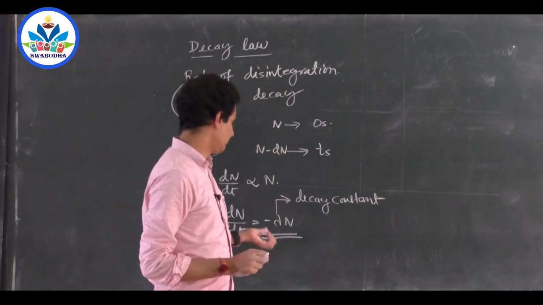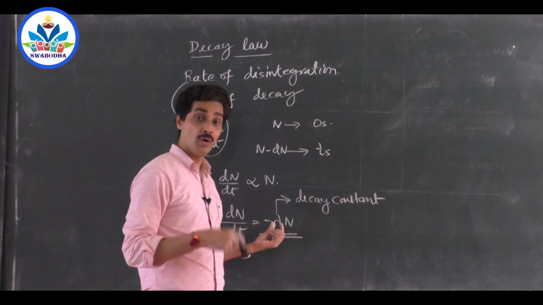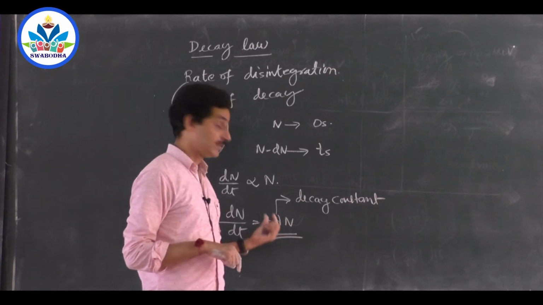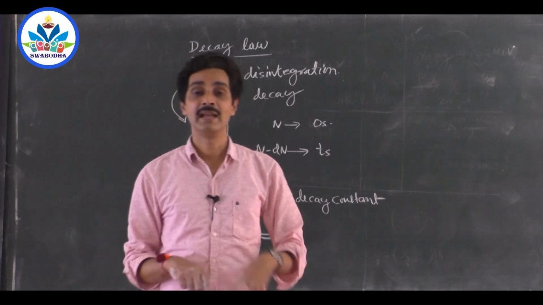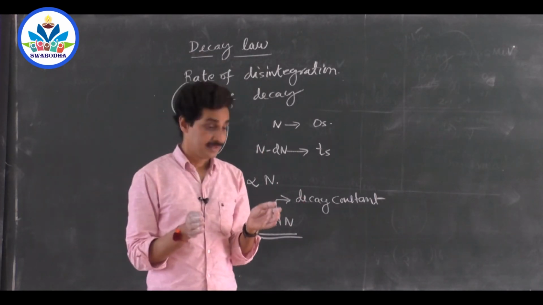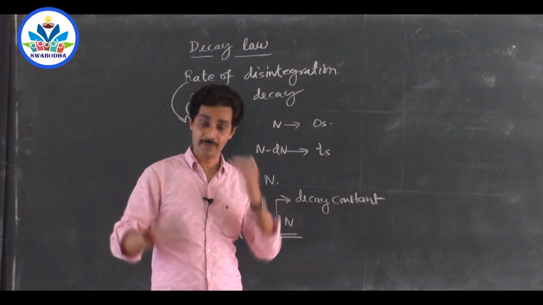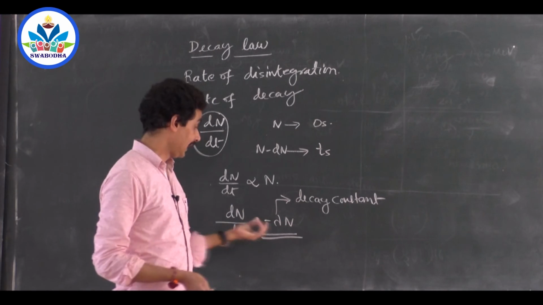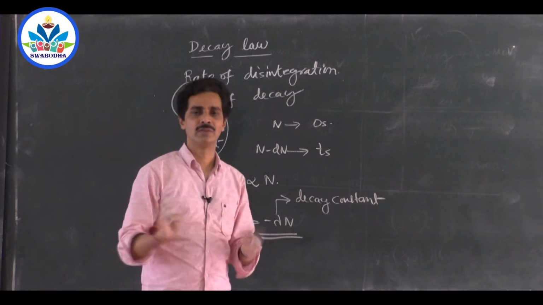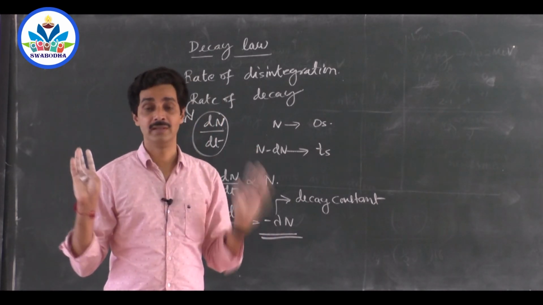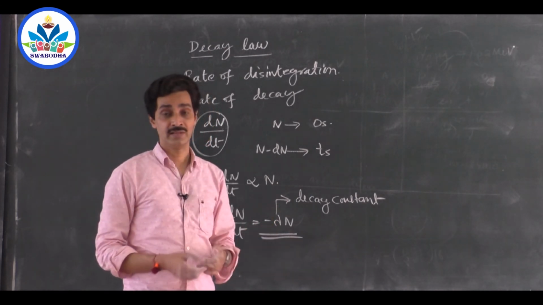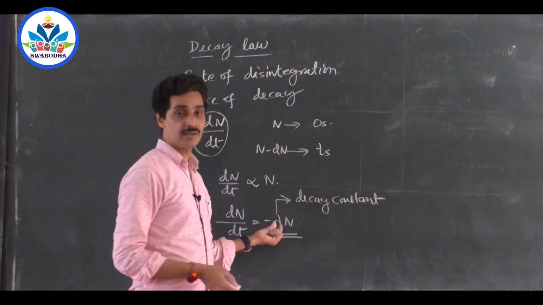If the decay constant is less, it decays much slower. If the material decays very fast, that means it gets converted into daughter nuclei very fast, then lambda is very high. If lambda is very low, the decay constant is less, and it decays very slowly. Carbon decays very slowly. It takes a long time to decay. Lambda is very small. Whereas some other materials decay very fast and their lambda value is very high.